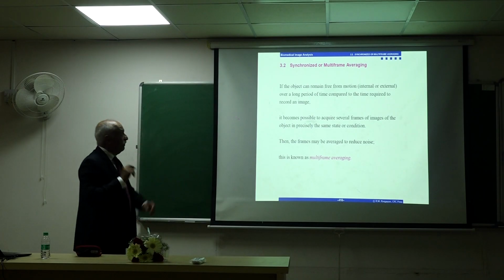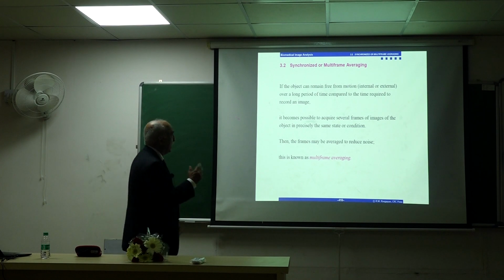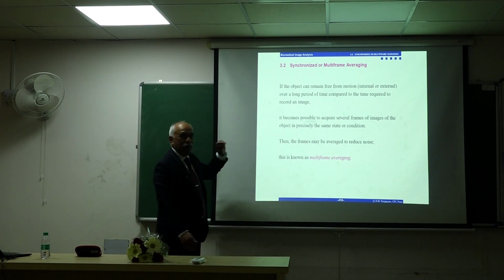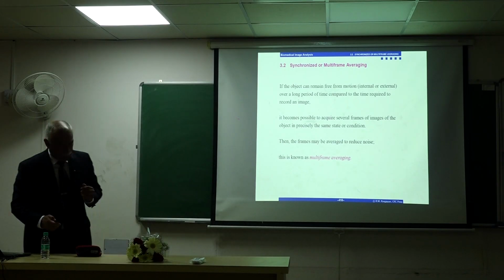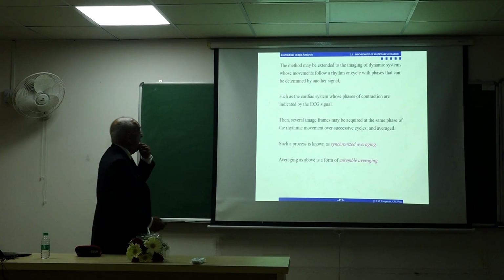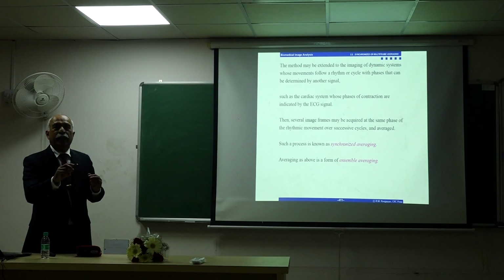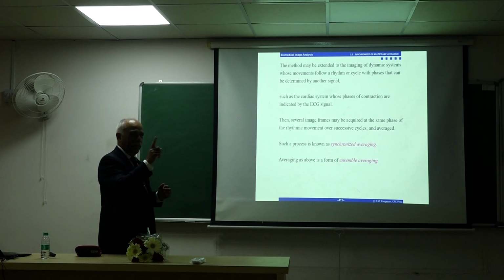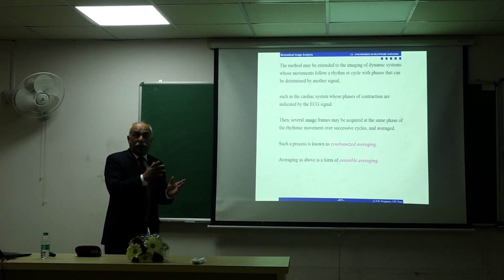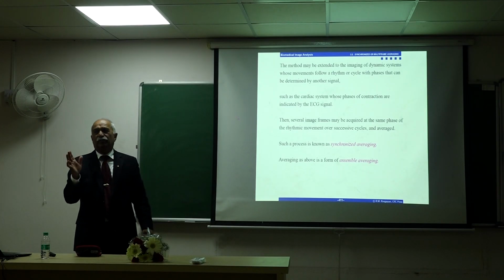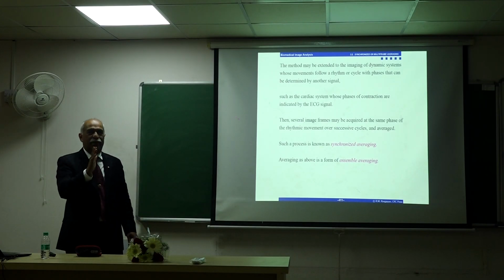If an object can remain free from motion, internal or external, over a certain period, then you can acquire several frames of images of the object. Then you average them, known as multi-frame averaging. As I mentioned, if there is a trigger that can help you in identifying the same phase of the activity, such as the ECG, it doesn't have to be periodic. The ECG is not perfectly periodic, but a trigger helps in identifying where something is happening.